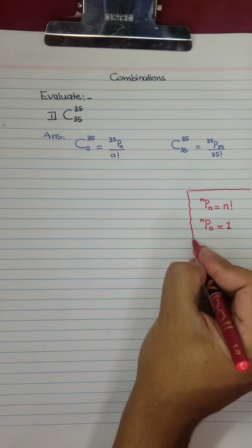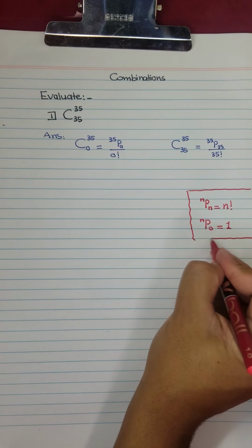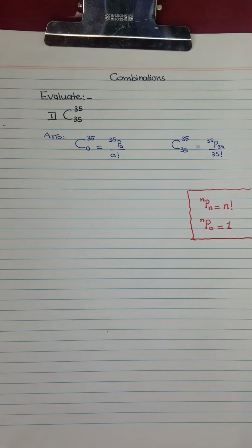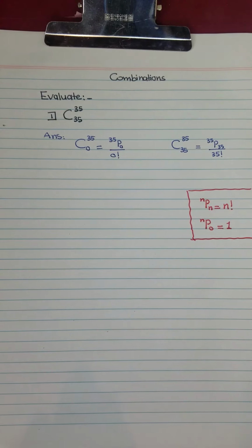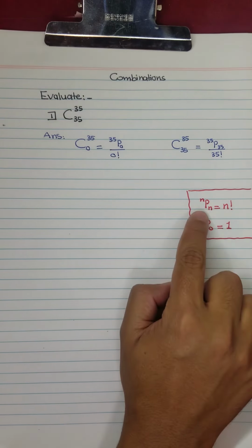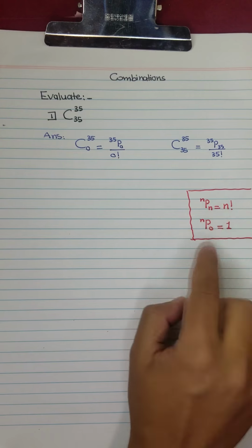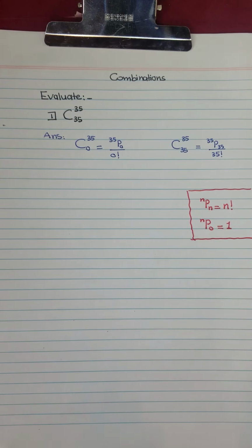I hope that you can refer back to the video of the previous lesson and remind yourself with these two important formulas or properties if you don't remember them. So n permutation n is actually n factorial. n permutation 0 is actually 1.